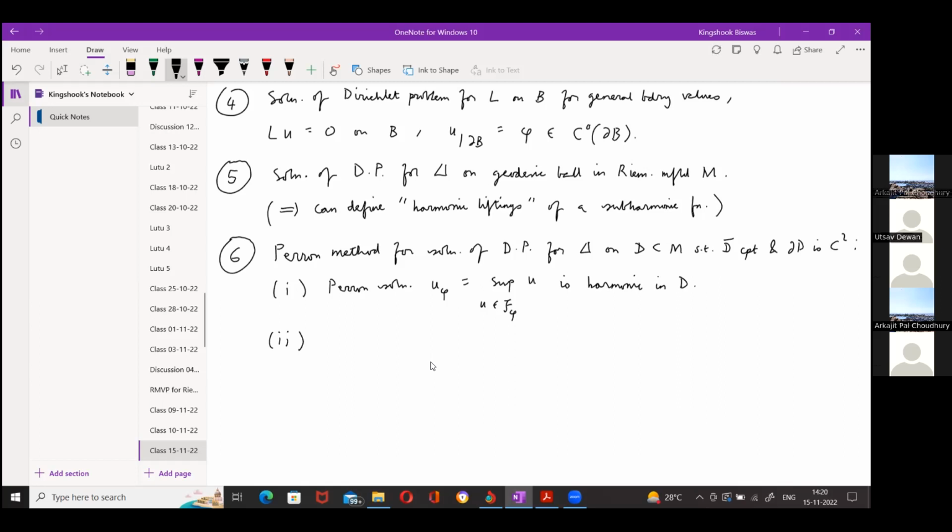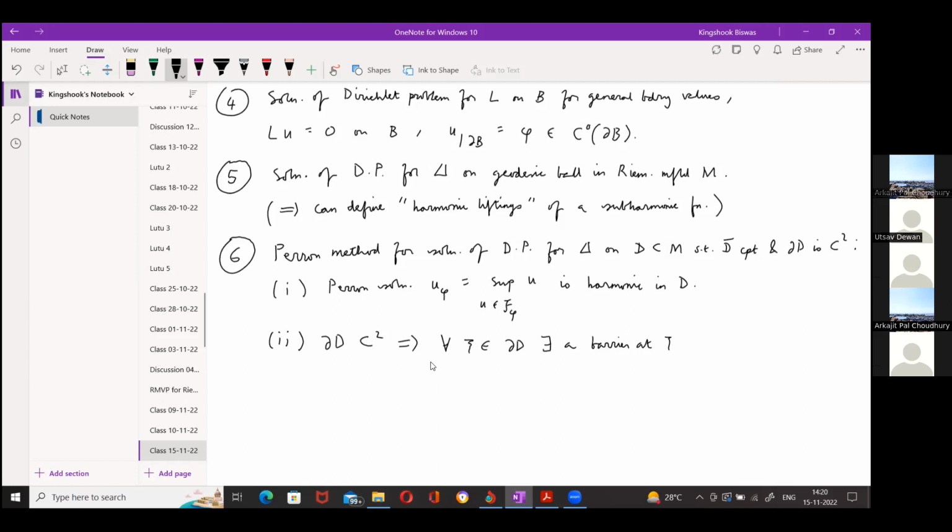So for this, we used the fact that because the boundary is C2, at each boundary point, we have a barrier, right? So boundary D is C2 implies for all xi in boundary D, there exists a barrier at xi.